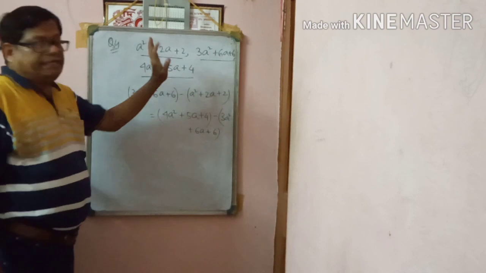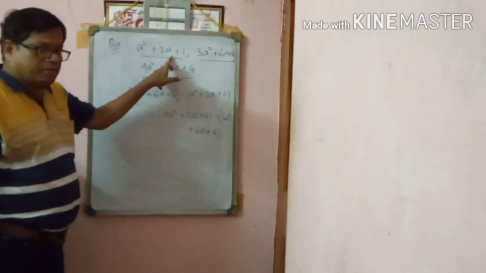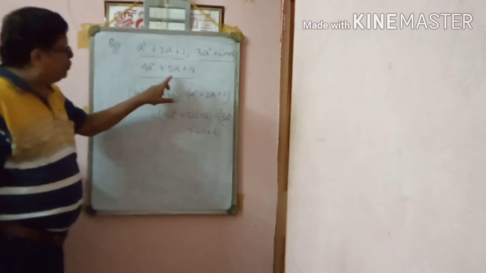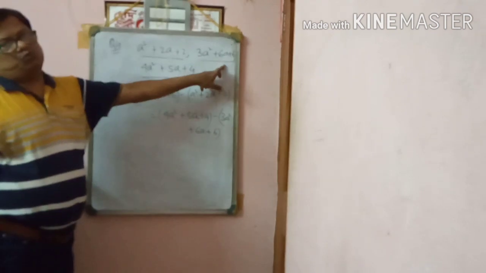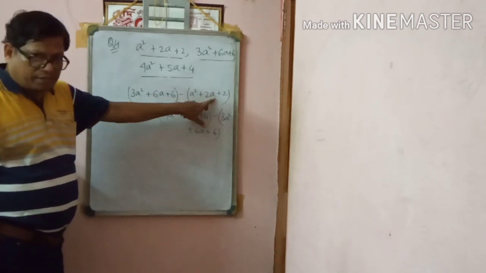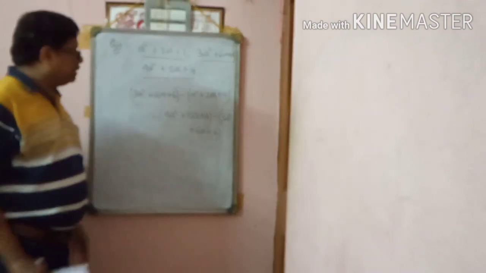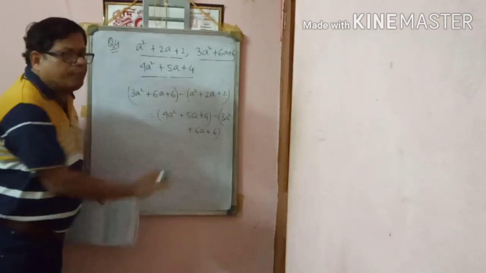3 terms are in AP, so you can write T2 minus T1 equal to T3 minus T2. Now just simplify it.